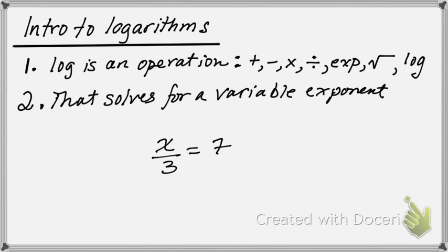I need the multiplication operation. And if I have 3 equals 7 to the x, what operation do I need? This is a variable exponent, and this is where log will come in. And you can learn why that is in a later lesson. But for right now, just know that that's what we do with log.